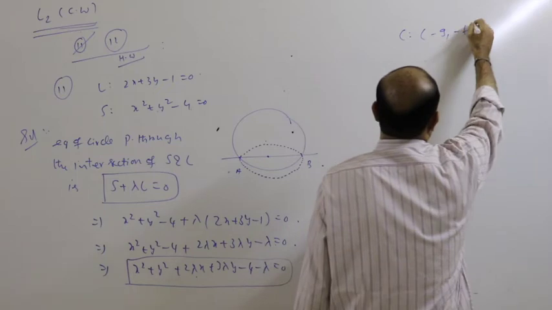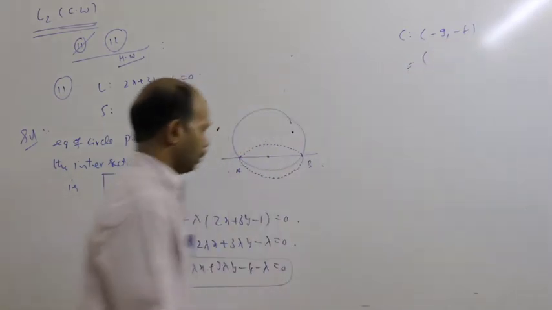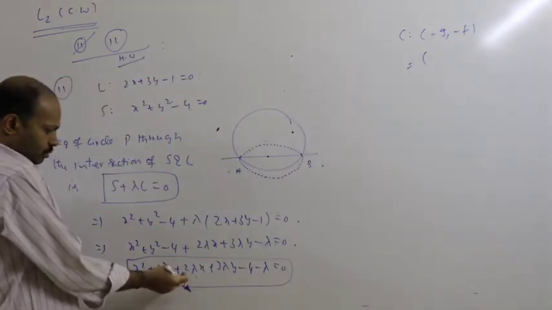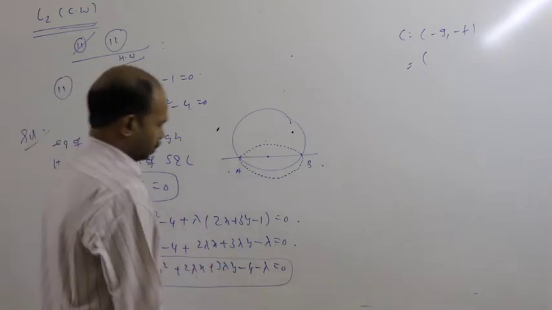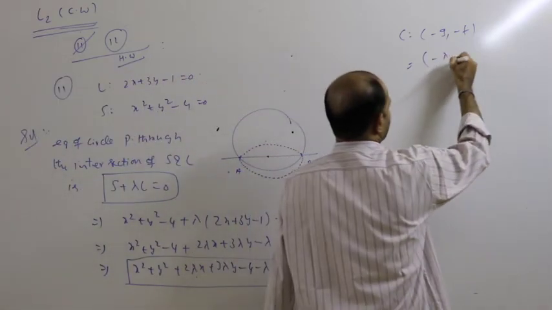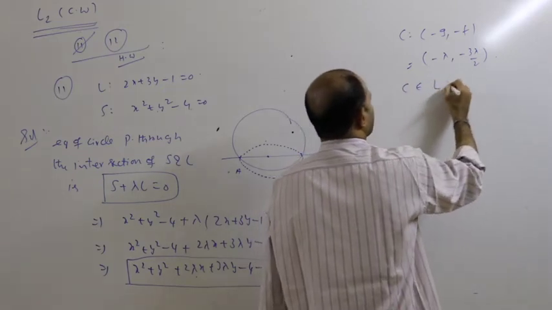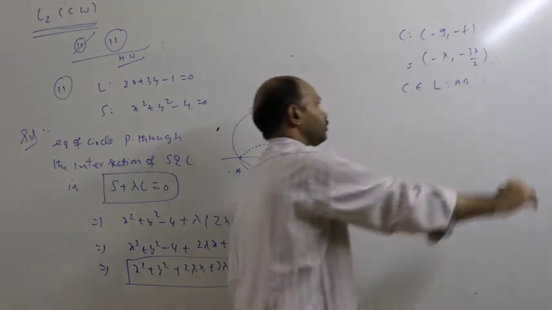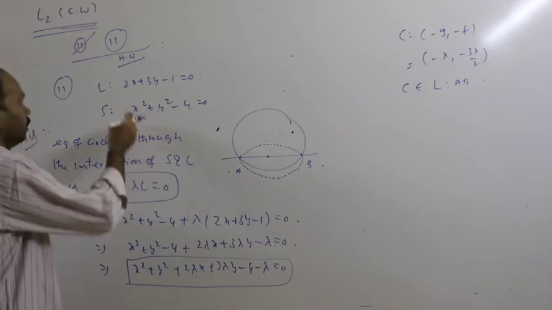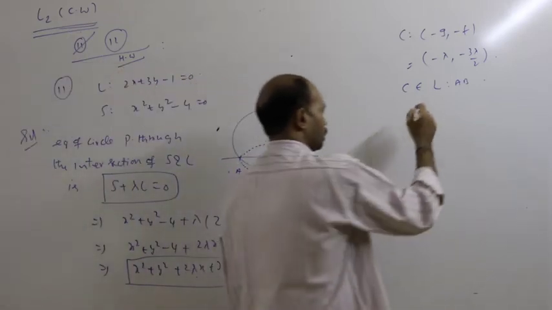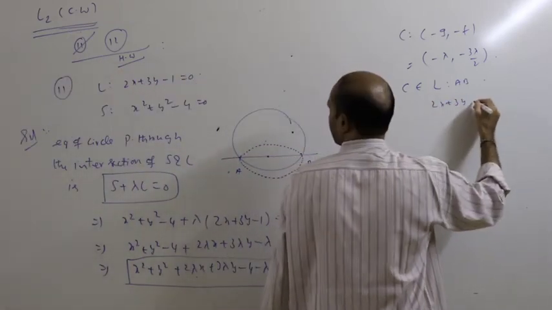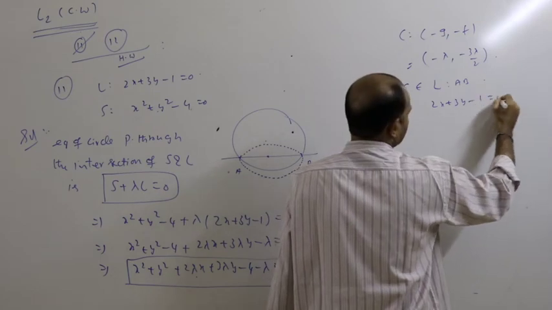The center is minus g, minus f, which is minus lambda, minus 3 lambda by 2. The center belongs to the line AB. What is the line AB given? 2x plus 3y minus 1 is 0.